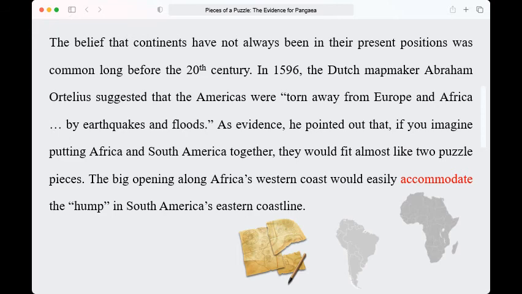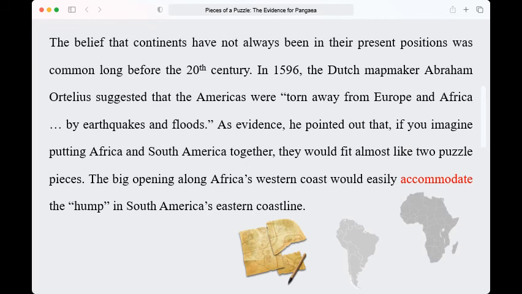But sometime in the past, due to earthquakes and floods or other natural occurrences, these land masses split and moved away from each other. The expression they used was torn away. It was like ripped apart.